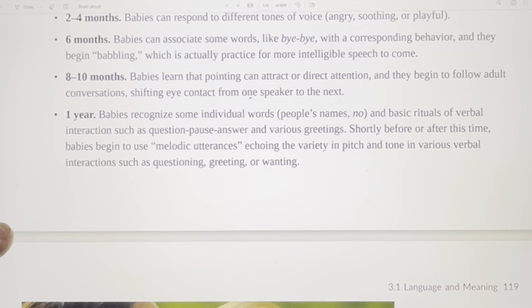A native speaker can hear sounds that a non-native speaker cannot hear, and they can detect the finest of differences, and that ability falls off at about 2.5 years.